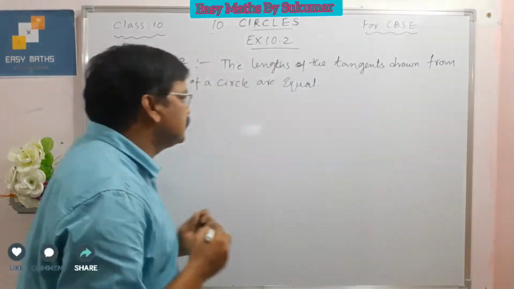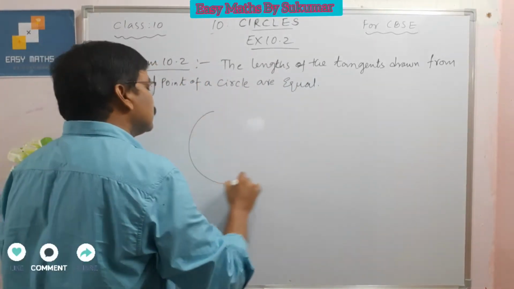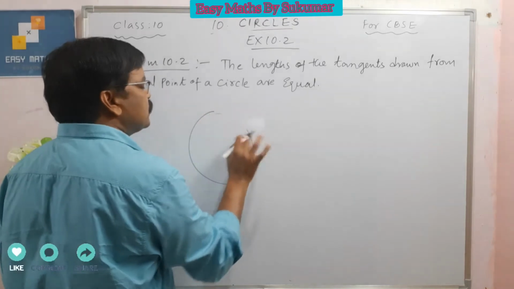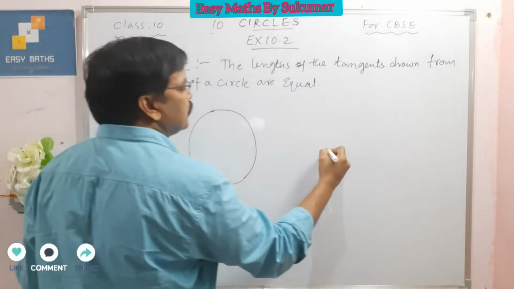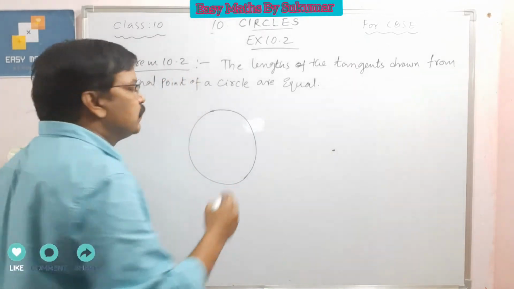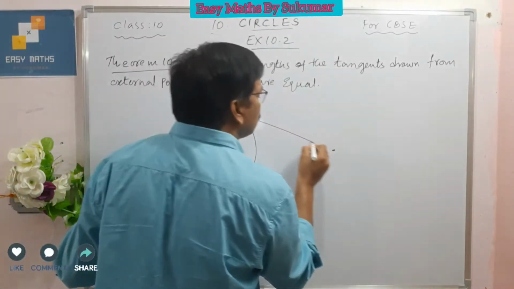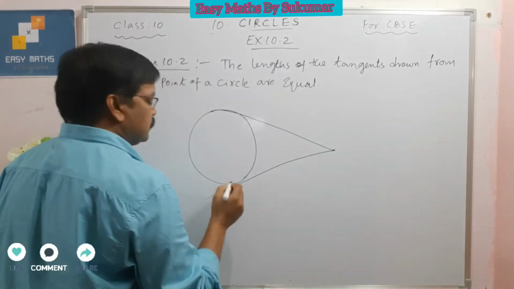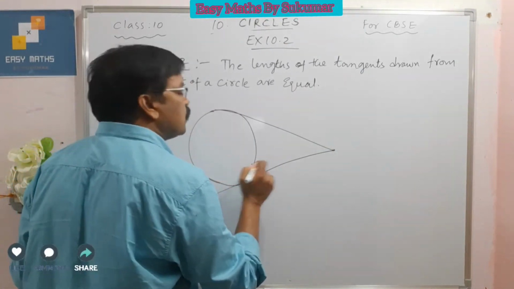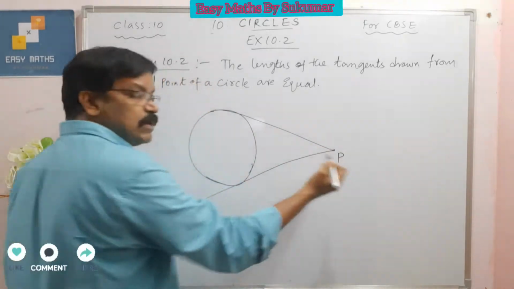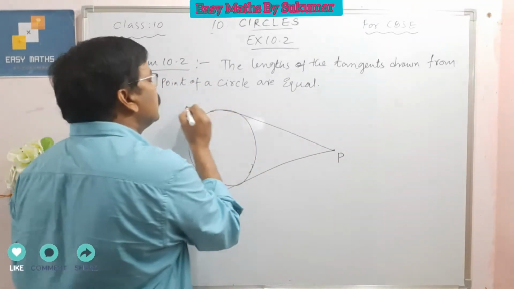See my dear students, here there is an external point, that means outside of the circle. The two tangents are drawn from the external point of the circle. This is P. P is an external point.